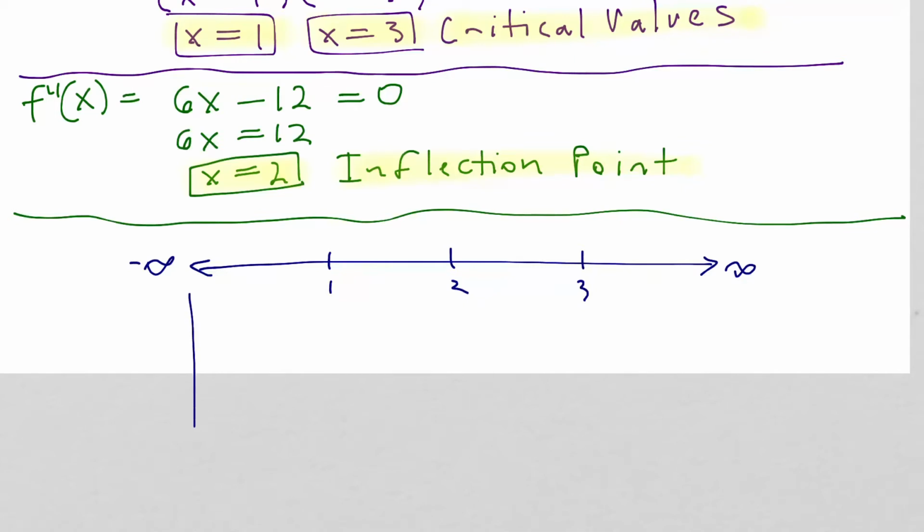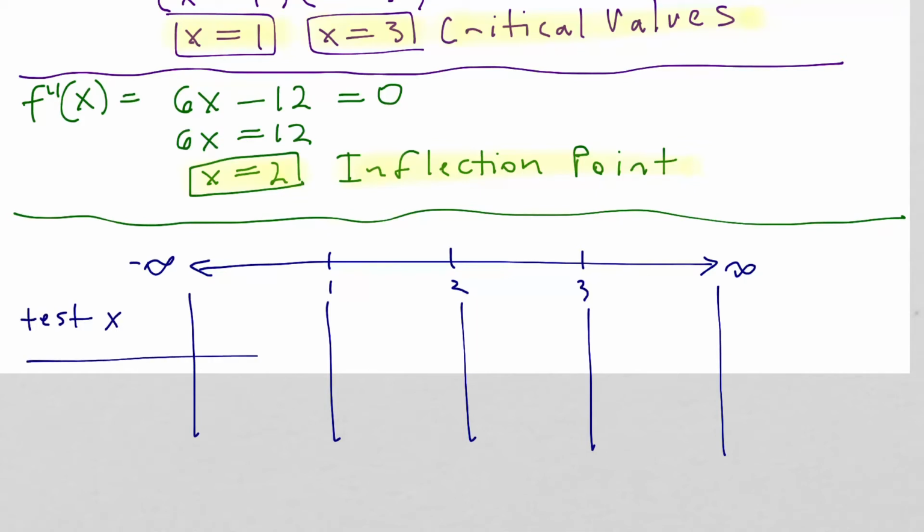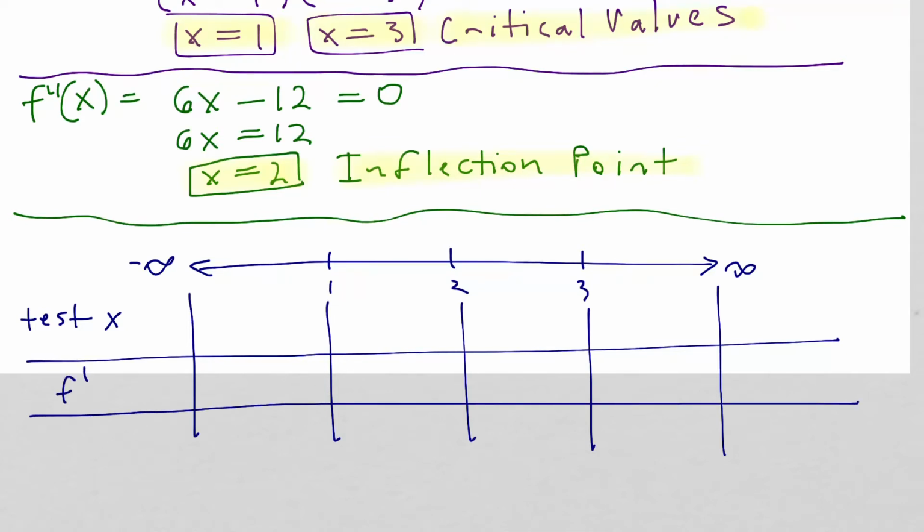Now I'm going to divide up these sections of the number line like that, and I'm going to choose a test x value within these intervals, and I'm going to find the sign of my first derivative in each of those intervals and the sign of my second derivative in each of these intervals. And that's going to give me enough information to help me sketch my graph.